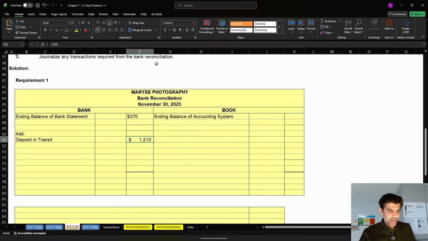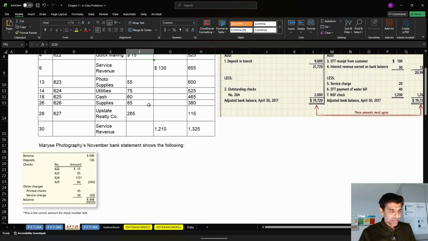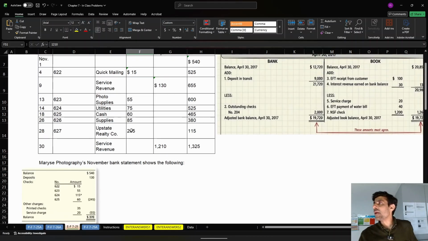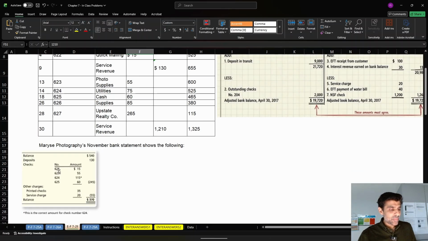Okay, so what else do I need to add in or subtract? For the bank side, really that's the main one to add, deposits in transit. What we could have to subtract are checks that are still outstanding. So if I look in my bank statement, there's 4 checks that got deposited.